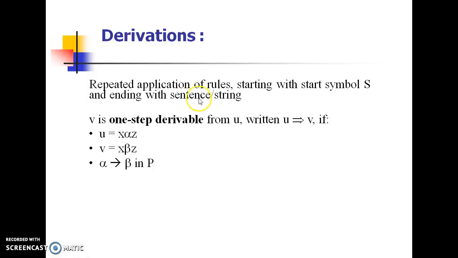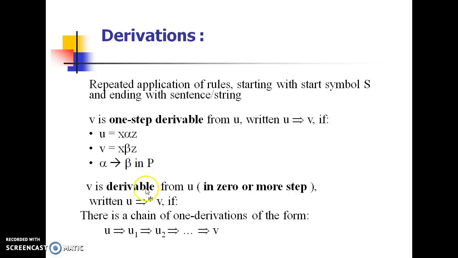The derivation can be a one step or a 0 or more step method. The one step derivation is represented by U giving V, where U is a string of the form X alpha Z and V is X beta Z. X alpha Z will give the string X beta Z if and only if there is a production alpha giving beta in the set of productions.